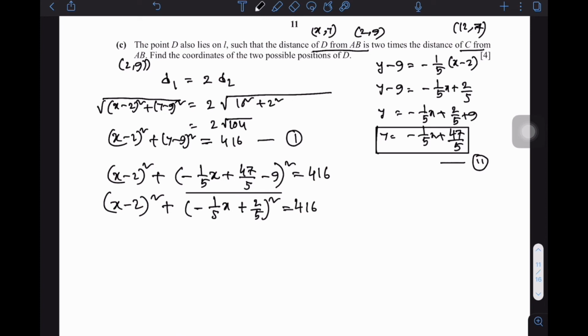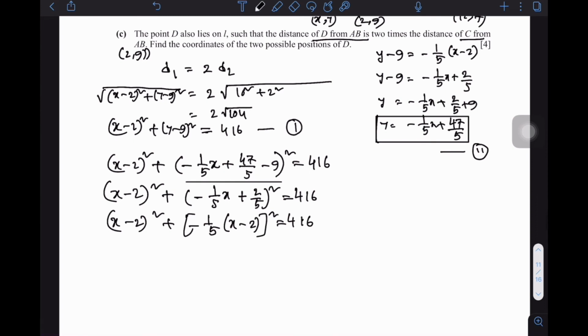416. Now if I take 1 by 5 as common, the simplification will be easier. (x minus 2) whole squared plus 1 by 25 (x minus 2) whole squared equals 416. Let us simplify more. Now let me multiply all these terms by 25.